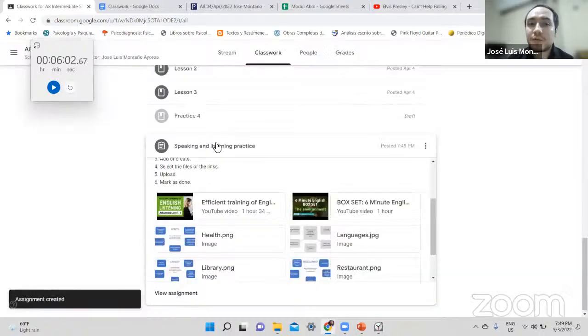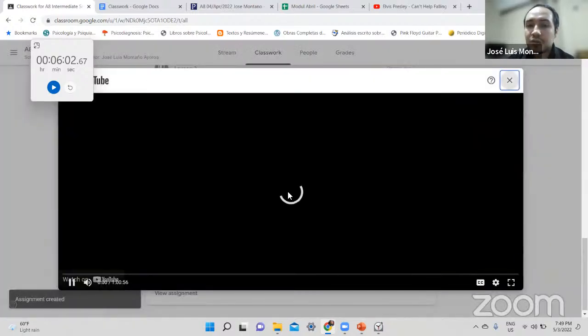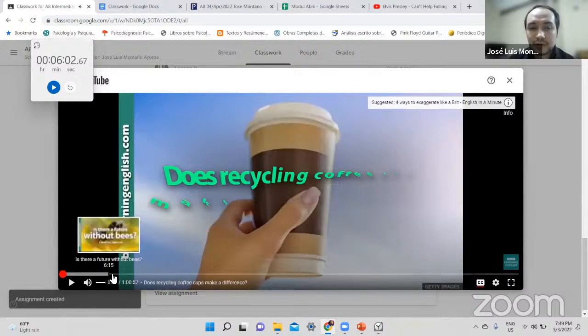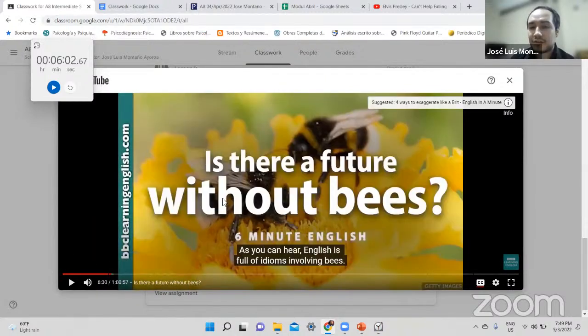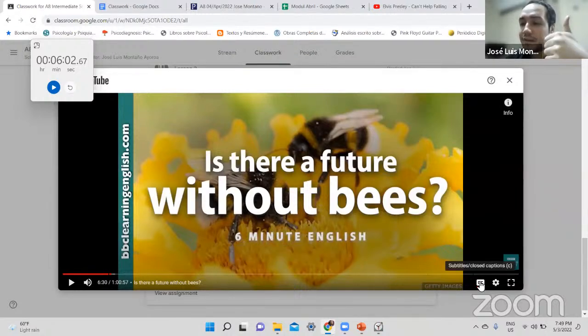And it's in Unit 4, Speaking and Listening Practice. You go to box set, 6-minute English, and you go to the conversation about this. It's the second conversation, the second podcast. And there you can learn that vocabulary. To pollinate, pollination, to fertilize, to reproduce, flowering, facing extinction, at risk, and so on and so forth. All right, but let's finish here, please.